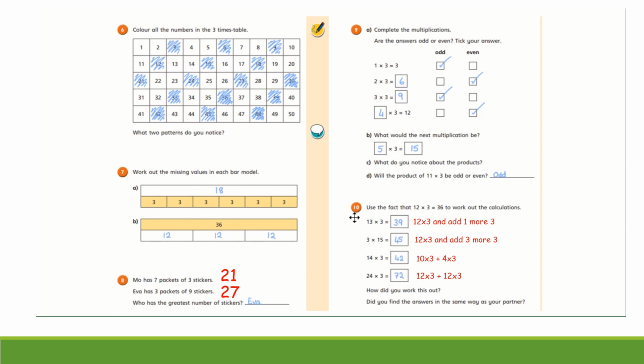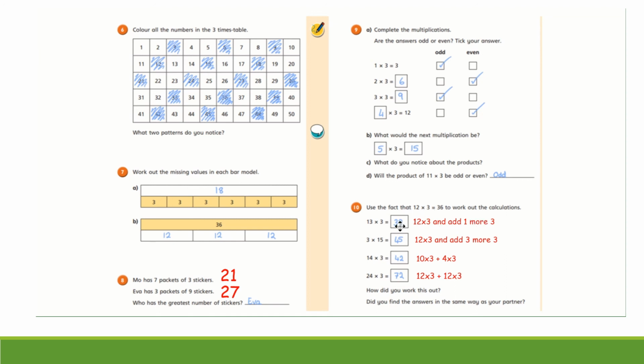Now let's look at number 10. Use the fact that 12 times 3 equals 36. So we know that 12 times 3 equals 36. And we're going to use that, like we did previously, to answer these questions. 13 times 3, well, we know that we could use 12 times 3, add 1 more 3.